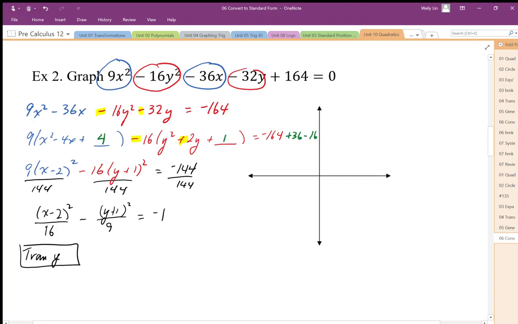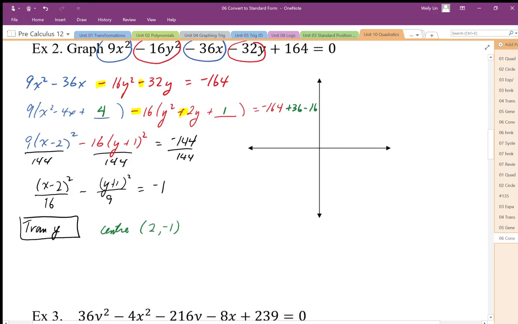Okay, my center. My center is at 2 over 1 down. And my a and b values, okay, so my a value is equal to square root of 16. My b value is square root of 9.